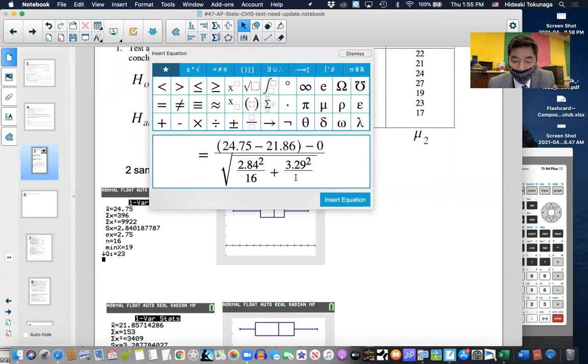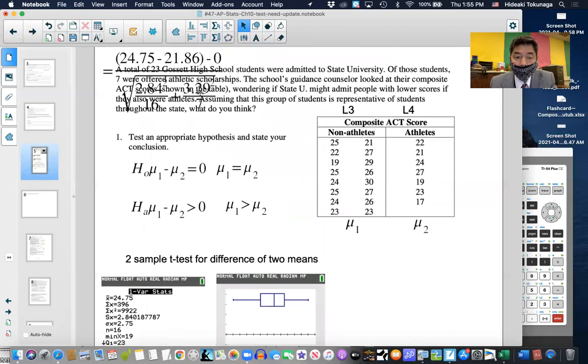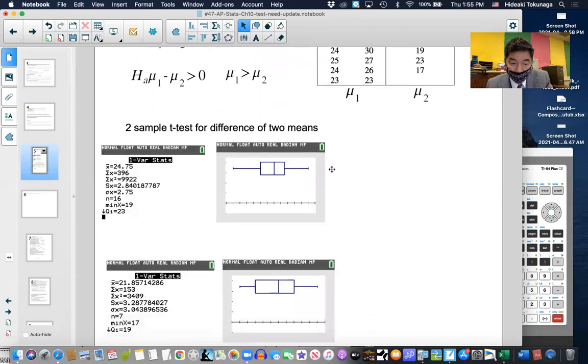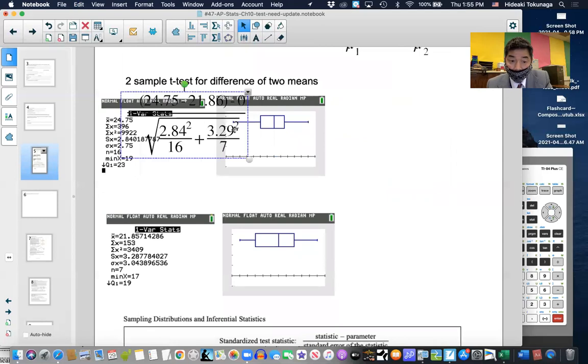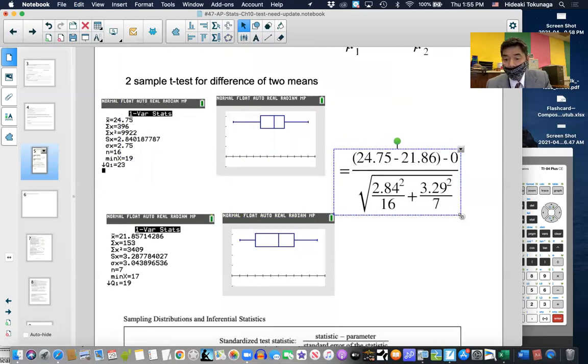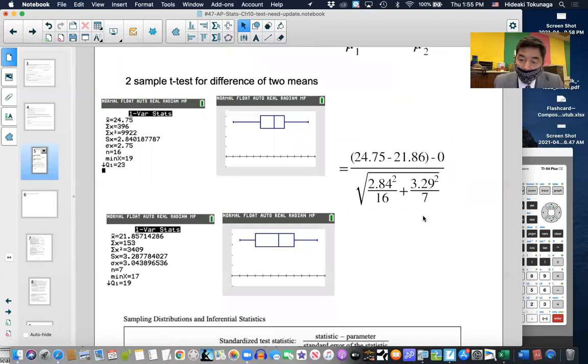So it's going to be 7 here. Let me write down here. So this is the equation. Take a good look at the equation. This is 7 students and this is 16 students, and this is the standard deviation here.